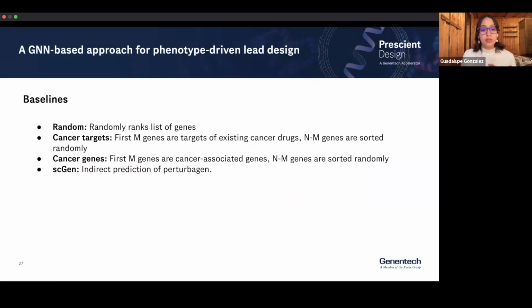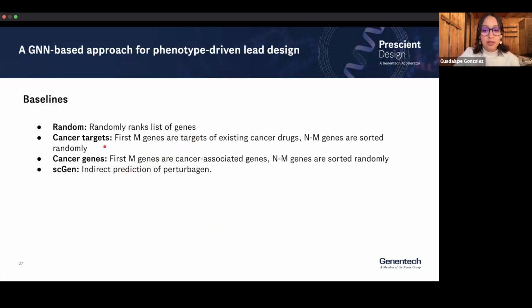PDGrapher at the end predicts a ranked list of genes where the top N predicted genes are those that are selected as the members of U prime, so are selected as the perturbation set. So the random baseline ranks these genes randomly and then selects the top K.